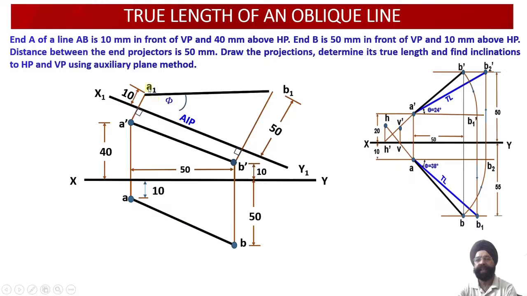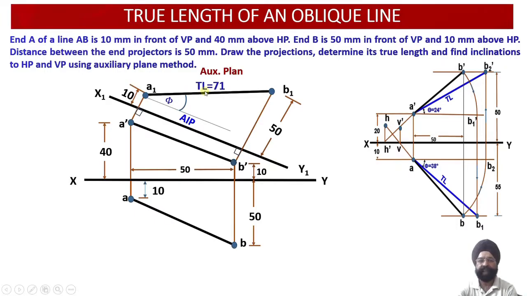And having obtained the true length, now I can evaluate the angle of inclination of the top view of this true length with respect to the vertical plane, and name of this angle is angle phi. And this angle we used to work out as angle phi over here. So this angle we are going to measure, and the true length of the line we are going to measure.